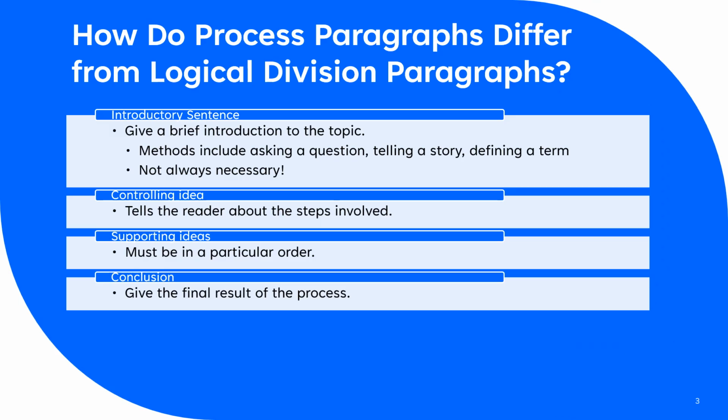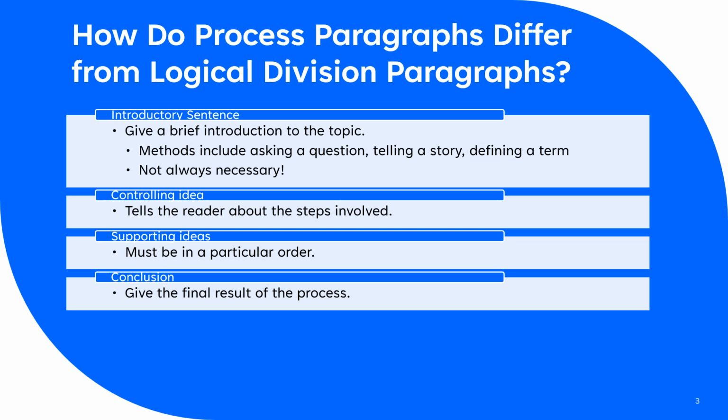So how do process paragraphs differ from the logical division paragraphs that we did in the previous module? Well, for the introductory sentence, you always want to give a brief introduction to the topic. Again, you might want to ask a question, tell a story, or define a term. These are sometimes called a hook, where you're grabbing the reader's interest.